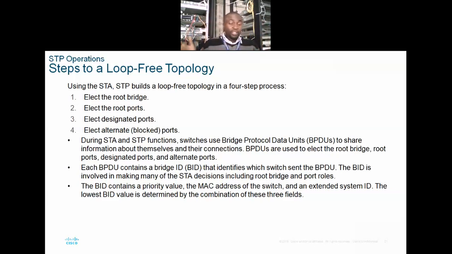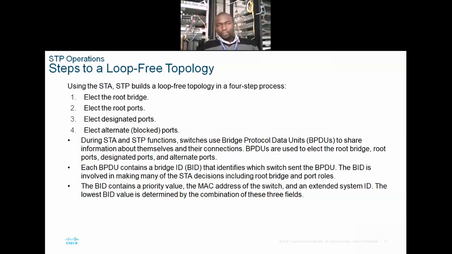Now, each BPDU contains the bridge ID, which we call the BID, that identifies which switch sent the BPDU. Instead of everybody sending information to everybody, switch 1 is sending to switch 2, switch 2 is sending to switch 3, switch 3 is sending to switch 4, and continuously like that. They are trying to get organized: we are 3 switches here, or 10 switches, or whatever we have.